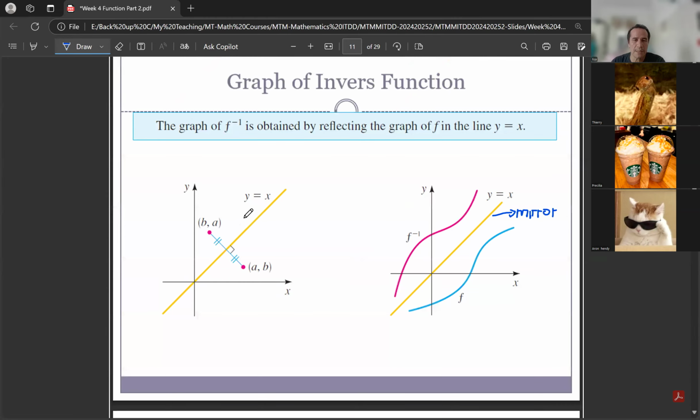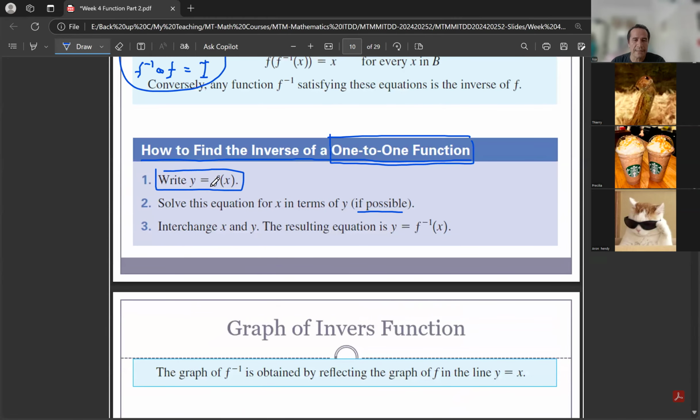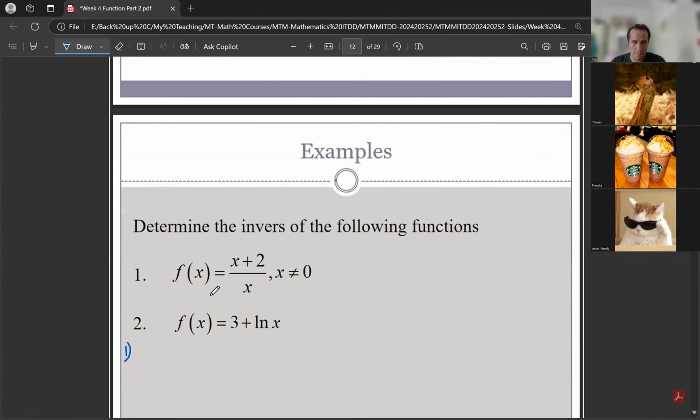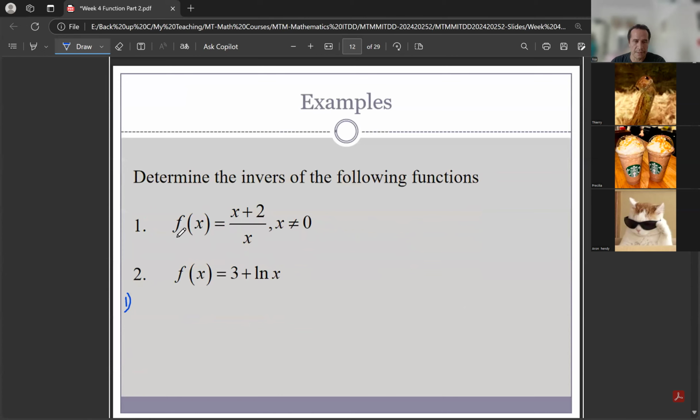In step one, write y is equal to f(x). So f(x) is replaced by y. Y is equal to (x plus 2) divided by x. So there is no f(x), but we have y.